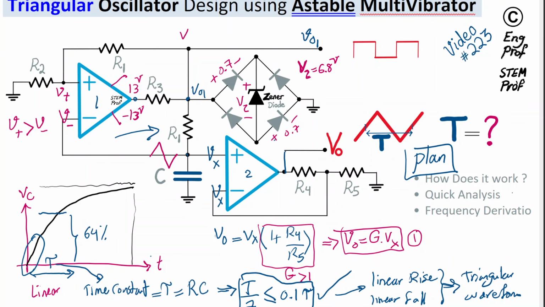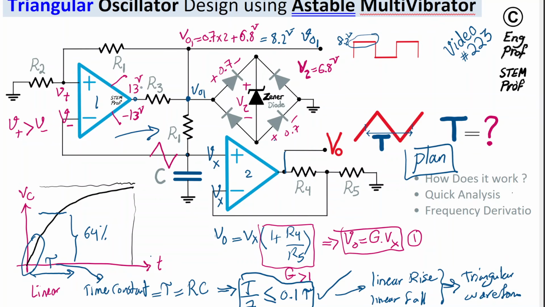So the voltage here is going to be 0.7 twice, plus 6.8 volt. As a result, the final value is going to be 8.2 volt. So all I mean is, we have an 8.2 volt fixed value of voltage for VO1 at this node.